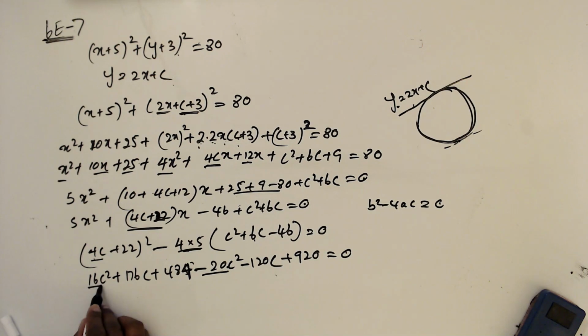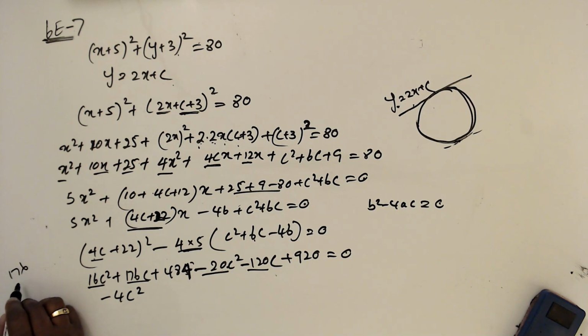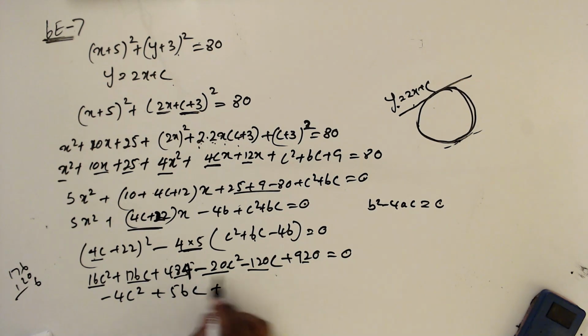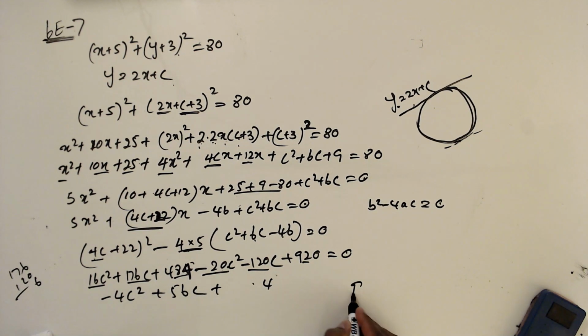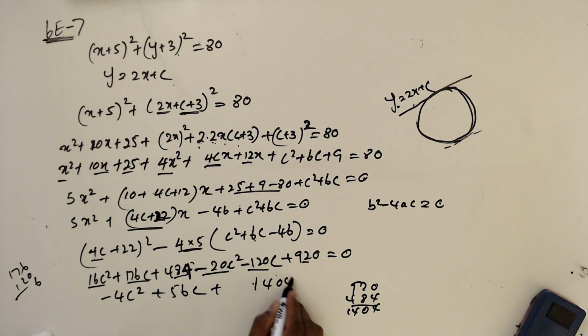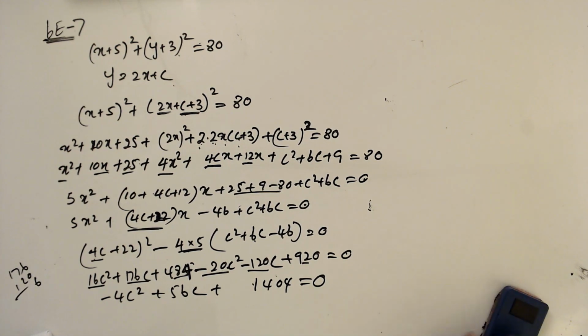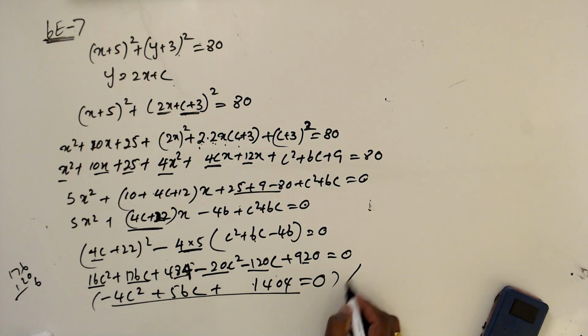Now let's simplify. 16 minus 20 gives minus 4c square, 176 minus 120 gives plus 56c, and 484 plus 920 gives 1404, equals 0. Now I can divide this equation by 4.